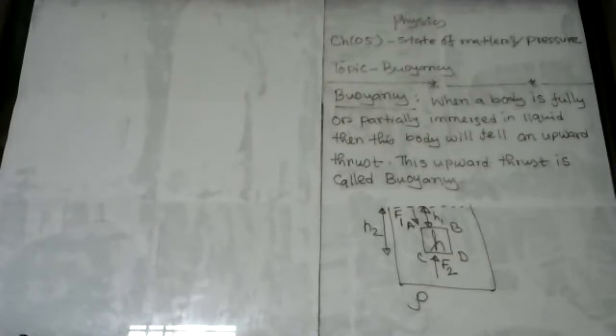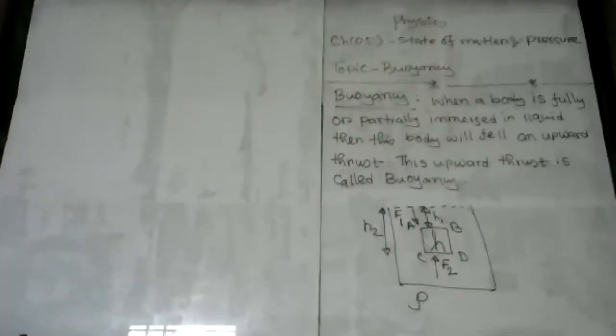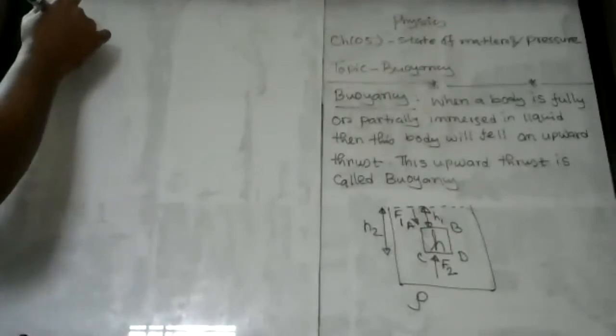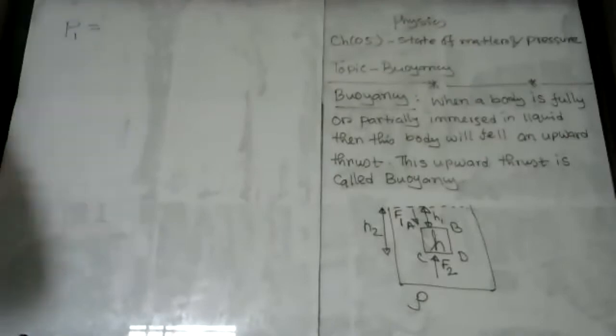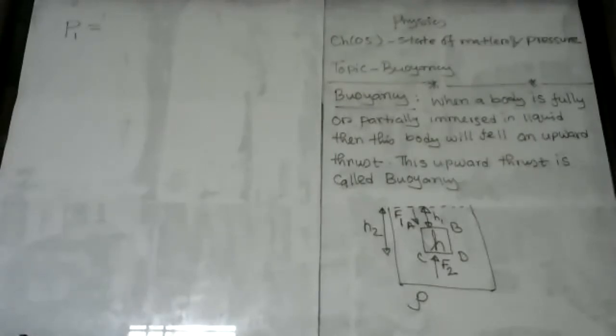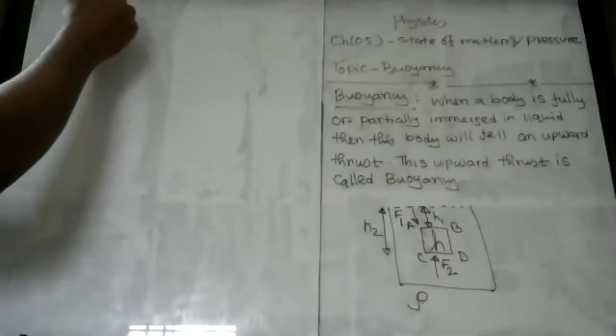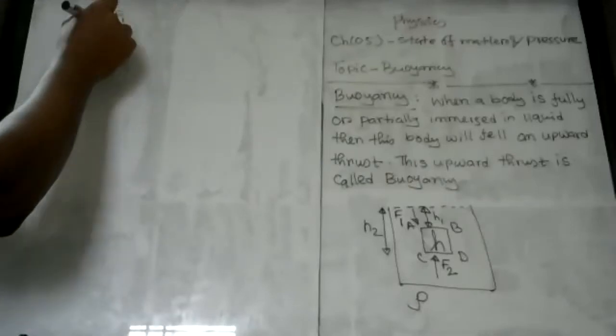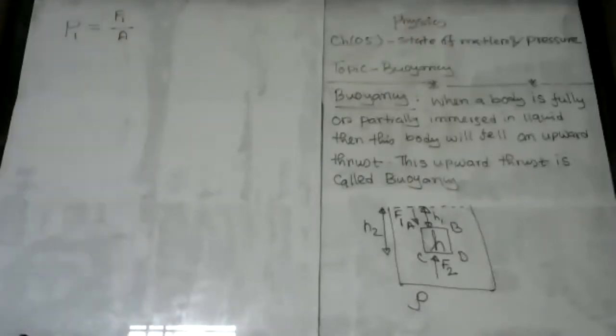Now, my dear student, at first I'm going to calculate F1. You know that the pressure P1 that is applied by the upper surface of the liquid on the upper surface of this cylinder will be equal to what? This pressure P1 will be equal to F1 divided by A. And what is A?